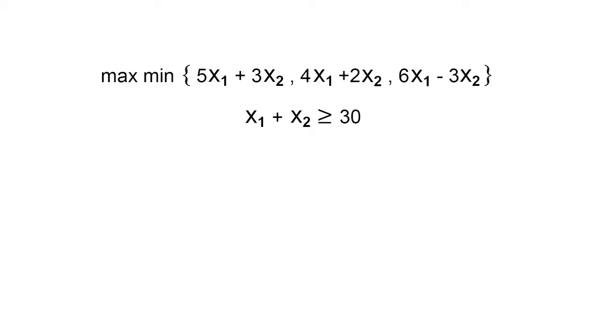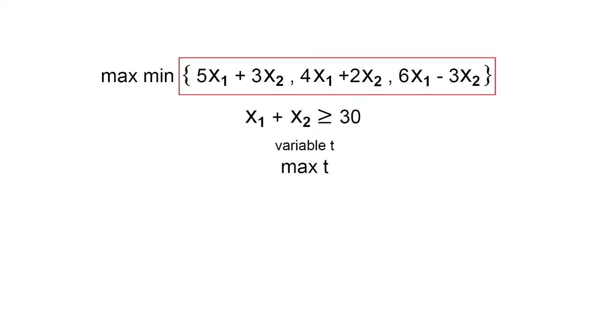So again, we introduce a variable t to help us transform the maximin equation into an LP formulation. And we get, again, we want to maximize t, and t is the smallest among the three equations.